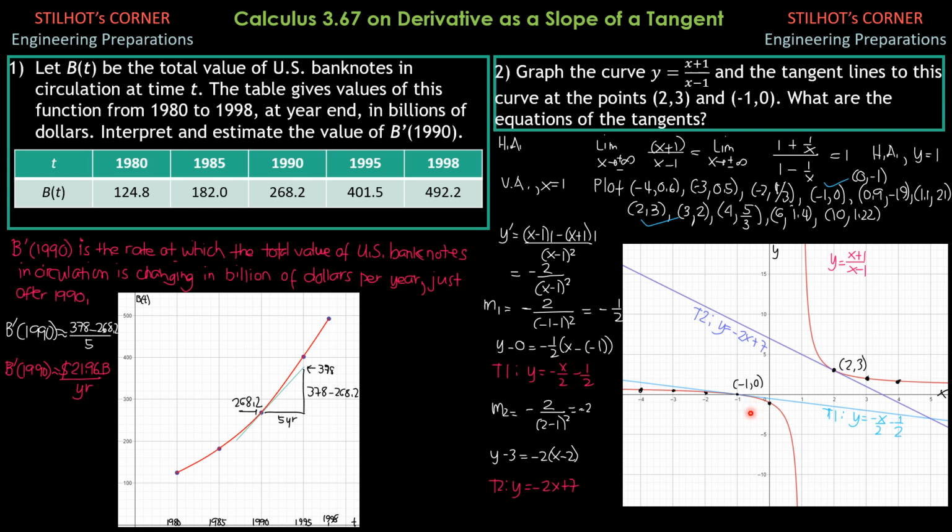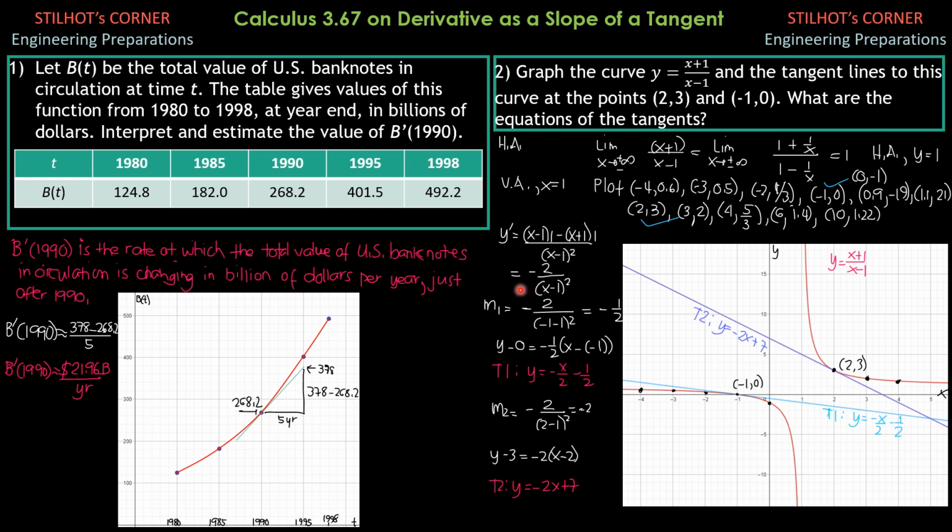Then for the tangent at the point (-1, 0), we first derive an expression for the slope, which is the derivative of y with respect to x. So y prime, so we have denominator x minus 1 times derivative of the numerator, which is 1, minus the numerator x plus 1 times the derivative of the denominator with respect to x, which is 1, all over denominator squared.